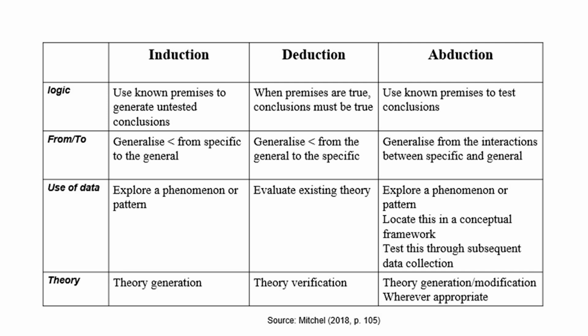As far as the outcome and theory generation is concerned, in abduction, theory generation and modification is possible, whichever is appropriate. I recommend you read the publication by Michel, so you will have a better idea about induction, deduction and abduction, these three different approaches.